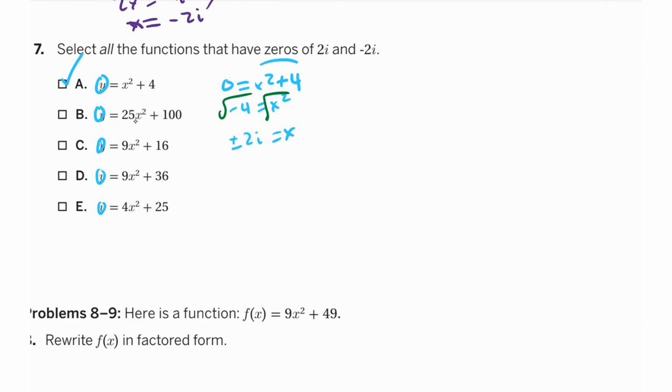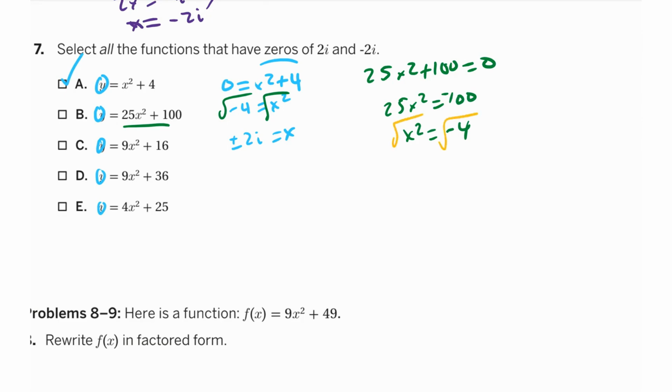For B here, we're going to do 25x squared plus 100 equals 0. Subtract 100 from both sides. Divide both sides by 25. Take the square root and get x equals plus or minus 2i again. So B also works. I wonder if all of them will be an answer. That would be kind of interesting. So next one, 9x squared plus 16 equals 0.